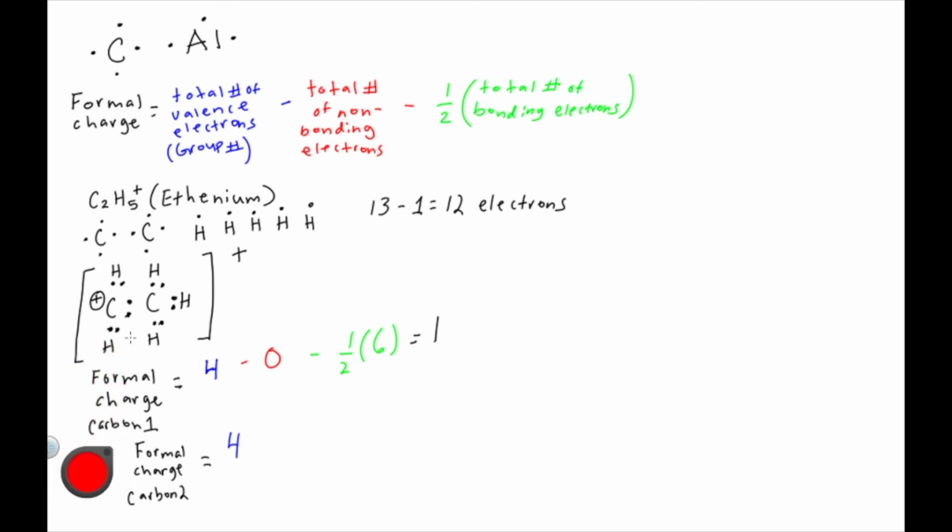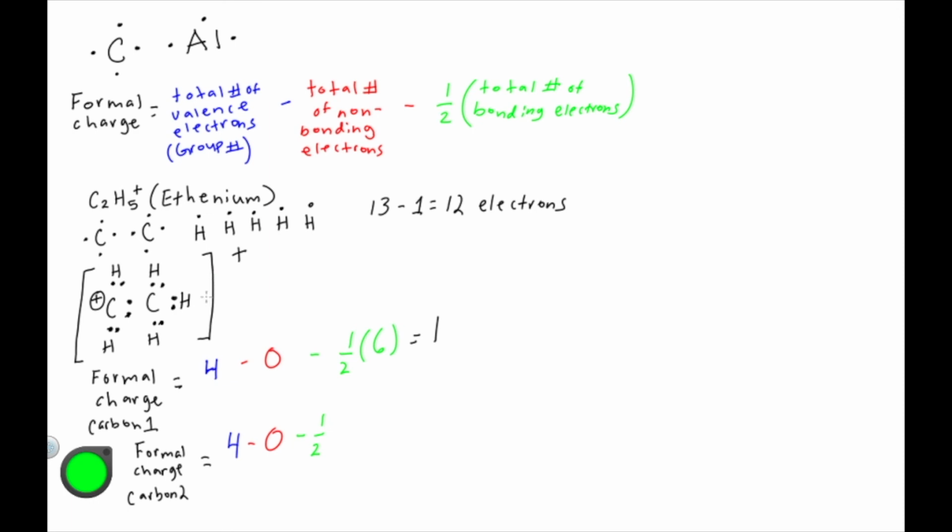So the total number of non-bonding electrons is going to be 0, right? Because every single electron in this rightmost carbon is going to be involved in a covalent bond with either this carbon or these hydrogens. So we're going to write a 0 over here, and then we're going to subtract from that 1/2 of the total number of bonding electrons.